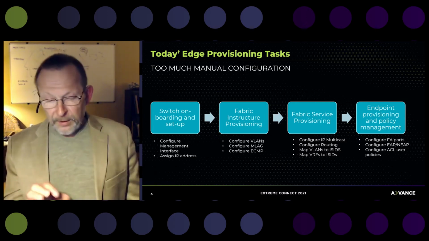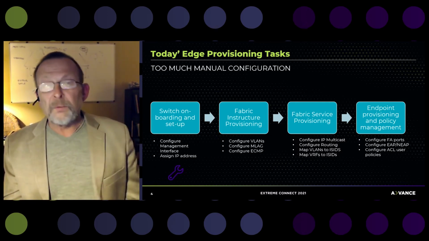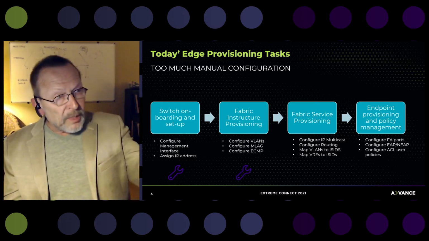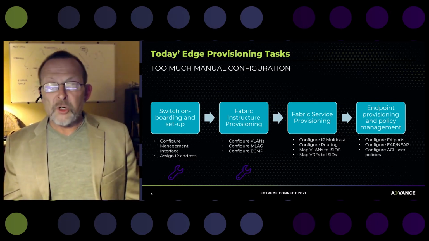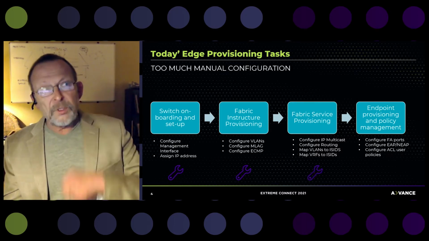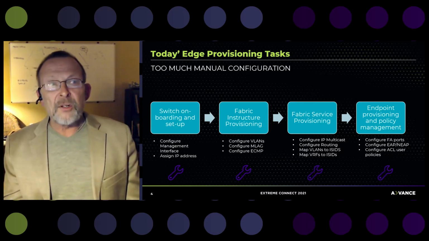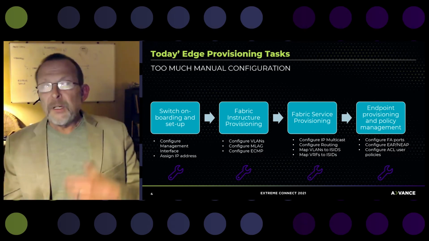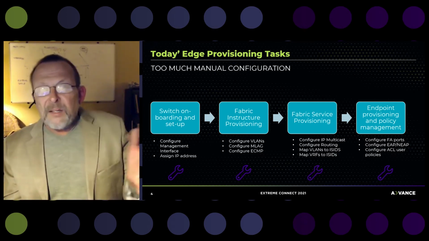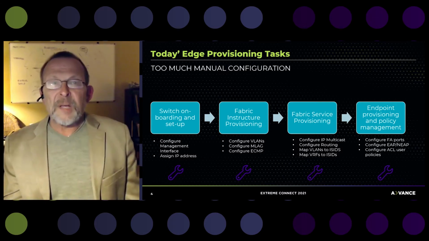We still feel there's too much. We have to go in, we have to do the switch onboarding, we have to do the fabric infrastructure provisioning, we have to do the fabric service provisioning, and then finally we have to manage the policies and the ACLs and all of the other aspects of manual configuration of the edge.